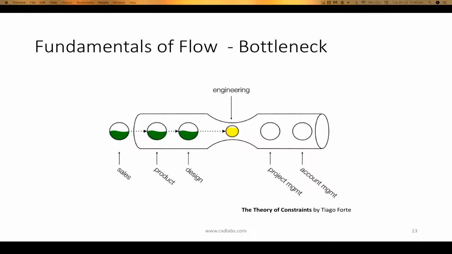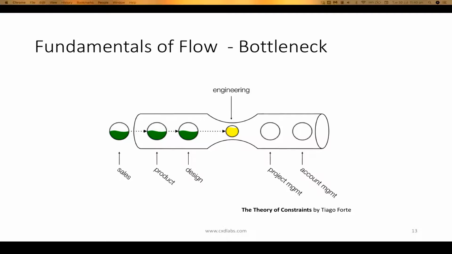So let's bring this back to my assurance team, to software delivery. You've got the different stages of software delivery, and in this case, engineering or software development is the bottleneck, which was the case in my assurance team. So the only way to improve the overall system is to improve or focus on that bottleneck.